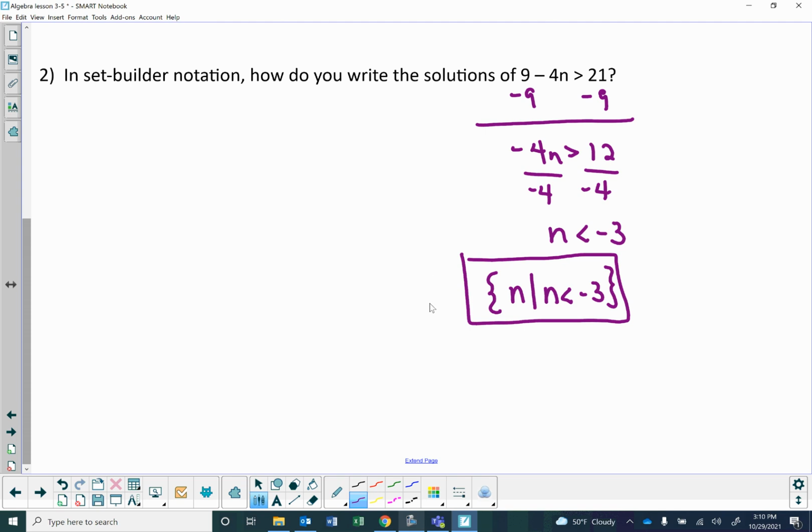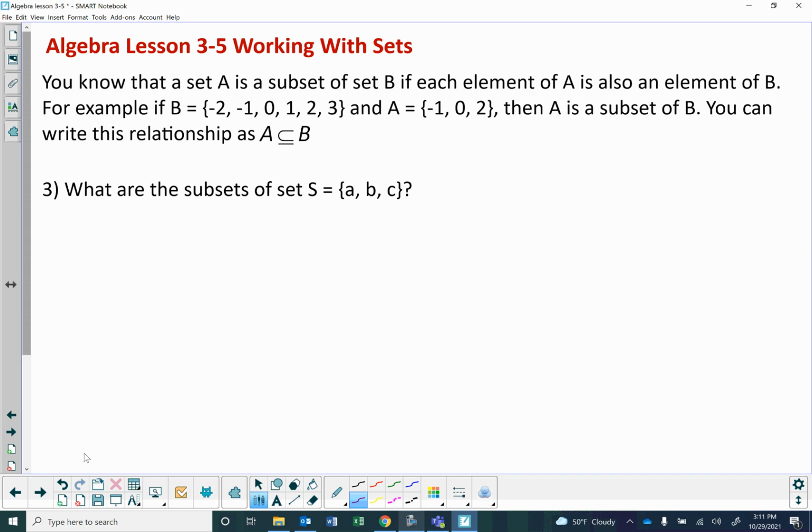All right, so let's take a look at another example here. Now you know that a set A is a subset of set B if each element of A is also an element of B. For example, if I have set B is negative 2, negative 1, 0, 1, 2, and 3, and A is negative 1, 0, and 2, then A is a subset of B, because A has negative 1, B has negative 1. A has 0, B has 0.